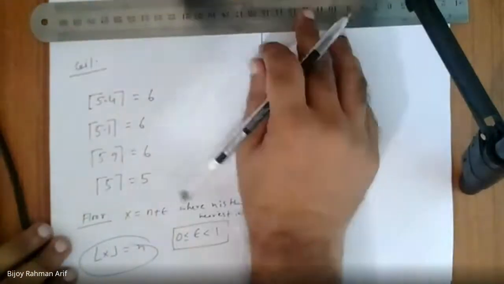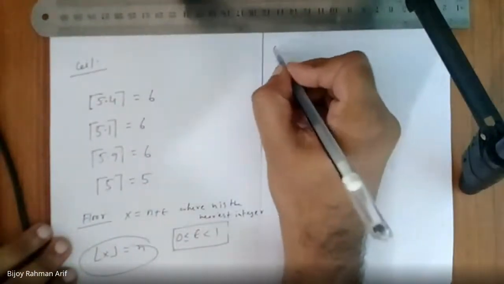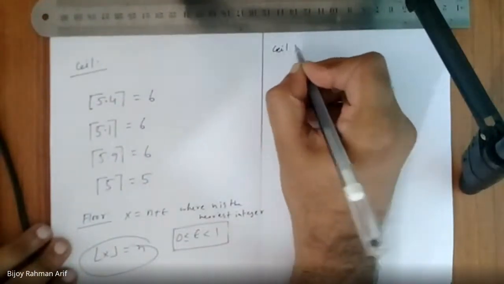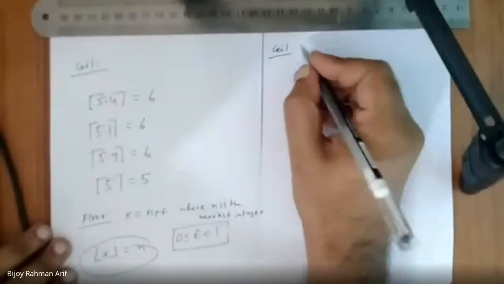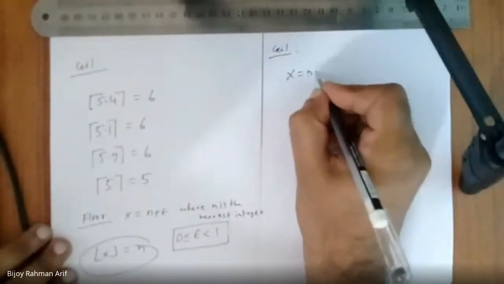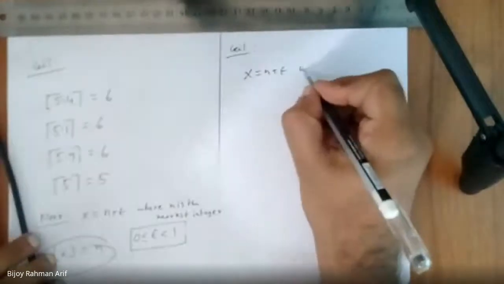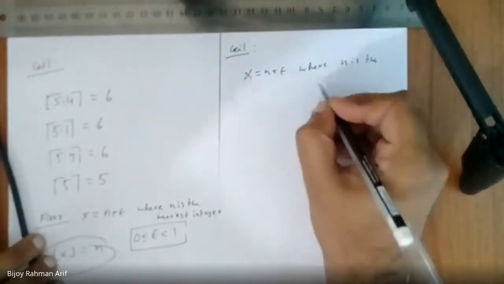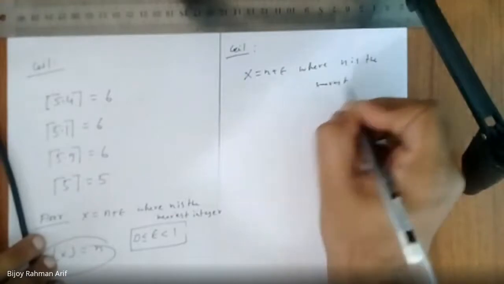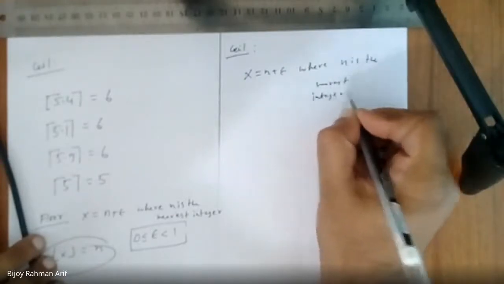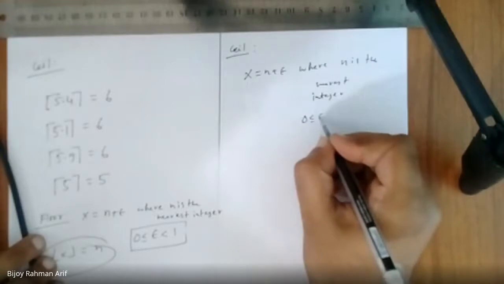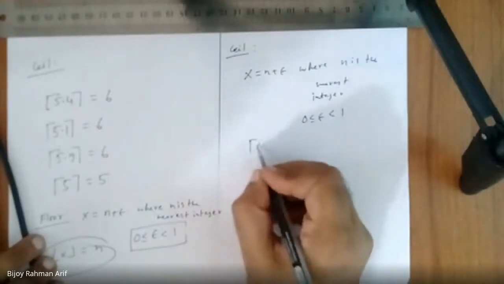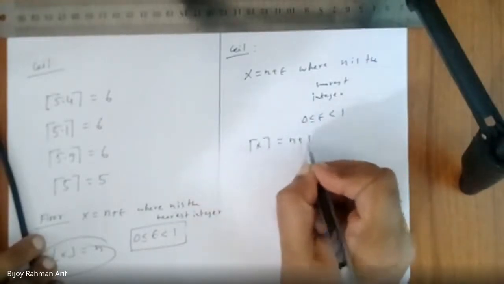And how can you represent ceil? x equal to n plus epsilon, where n is the nearest integer and 0 is smaller than epsilon, smaller than 1. Then ceil of x is nothing but n plus 1.